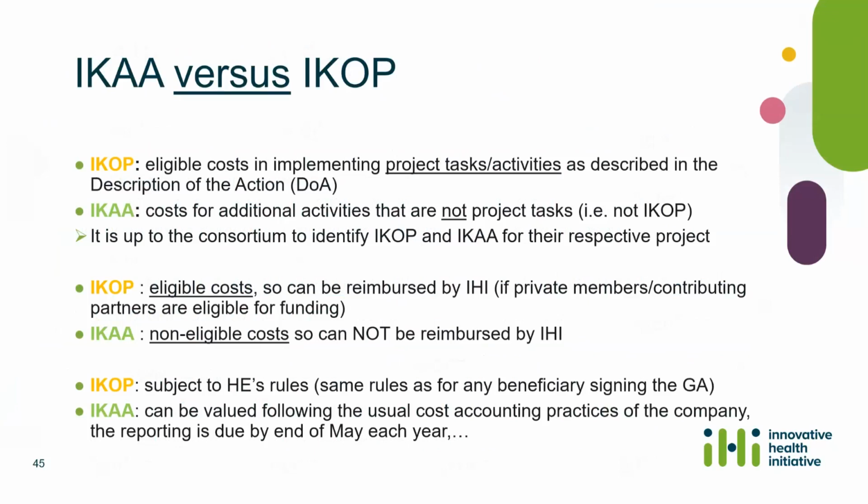It can be valued following the usual cost accounting practices of the company. They are not subject to the same rules. For instance, for the reporting, it's on a fixed date every year. So it's really different than for ICOP.